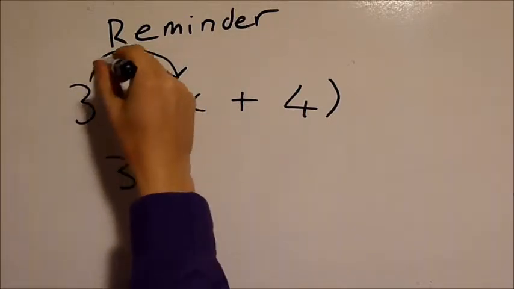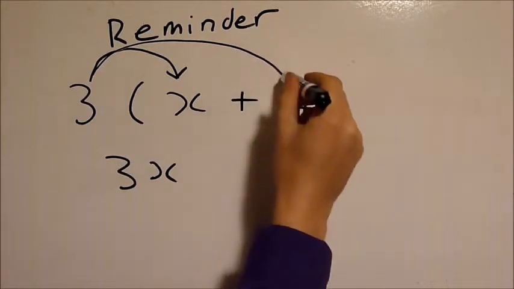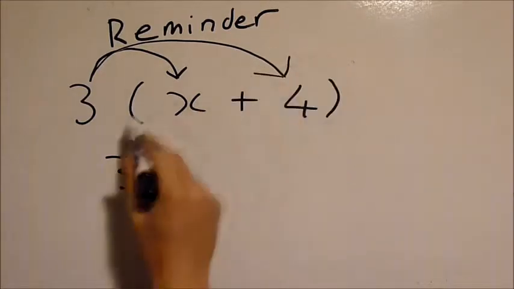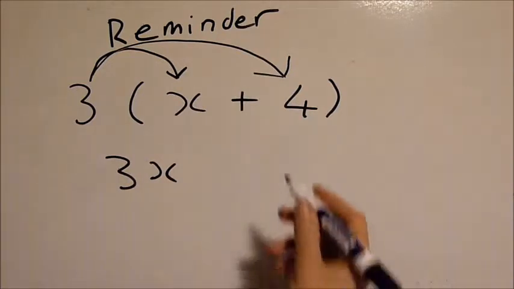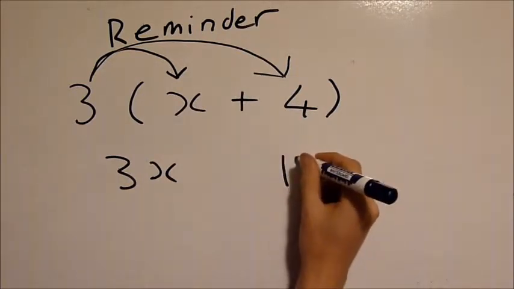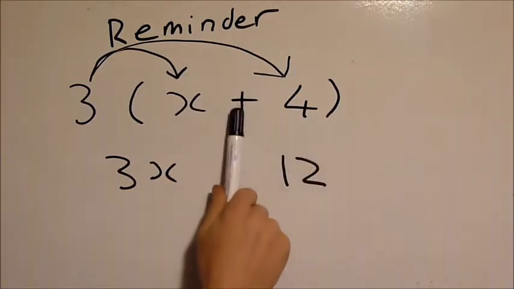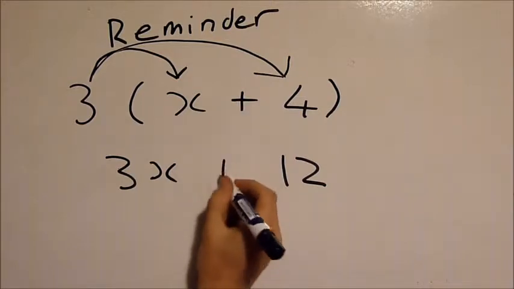We then multiply the 3 by the 4, which is 3 times 4, which is 12, and the sign stays the same.